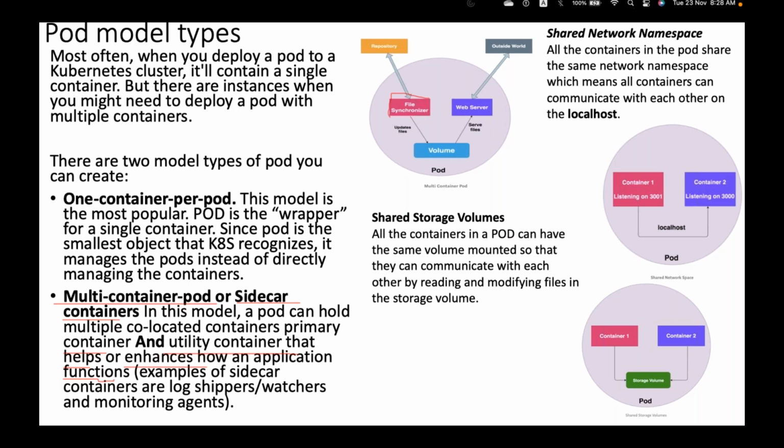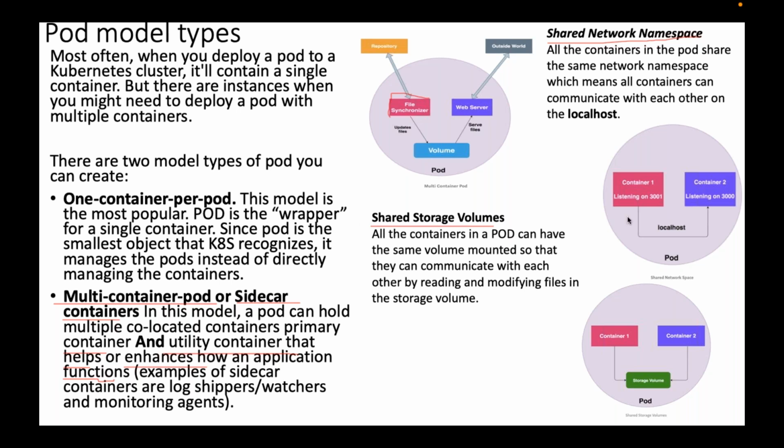As I already told, what is common for the containers which are running in the same pod? They share the same network and same storage. One container has to communicate with other containers which are running in the same pod.